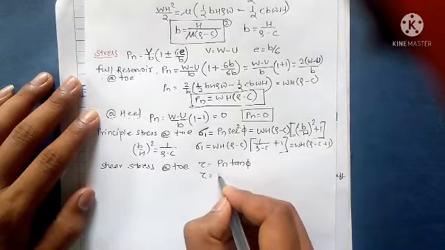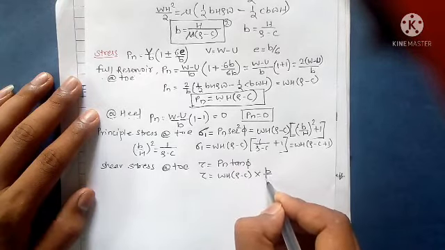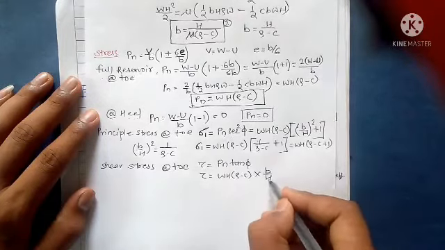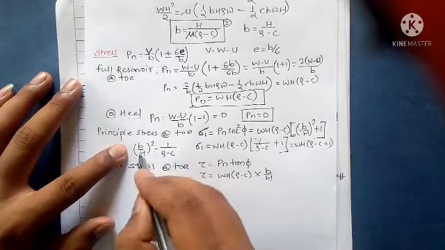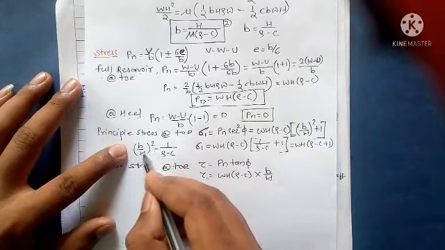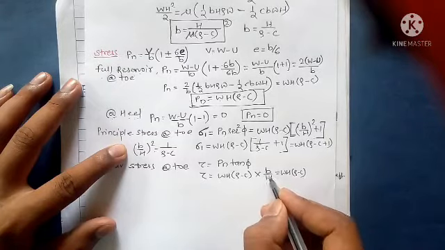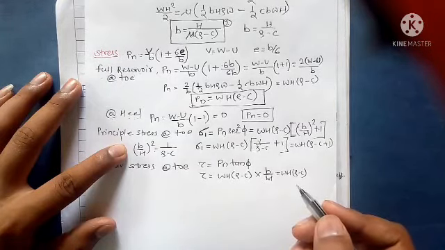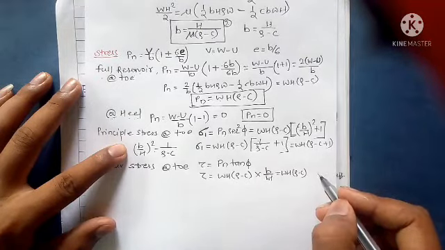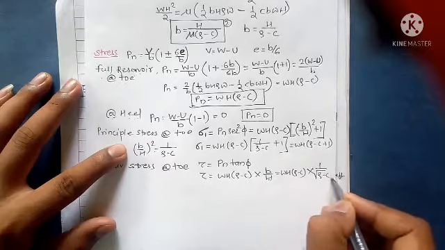We put here the value of Pn, wH (rho minus C), into tan phi, which is B upon H. The value of (B upon H) bracket square is equal to 1 upon (rho minus C), so the value of B upon H is equal to 1 upon under root of (rho minus C).